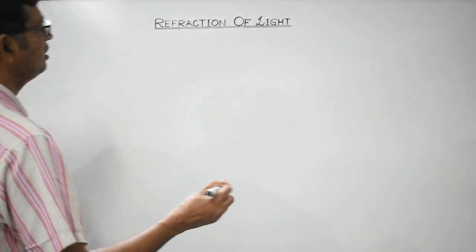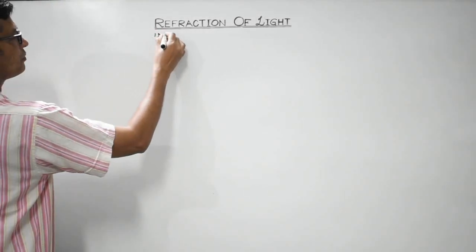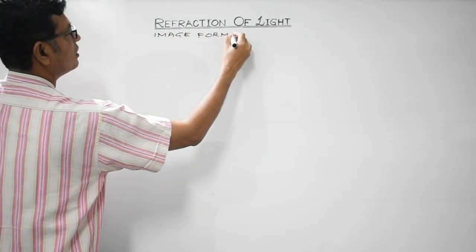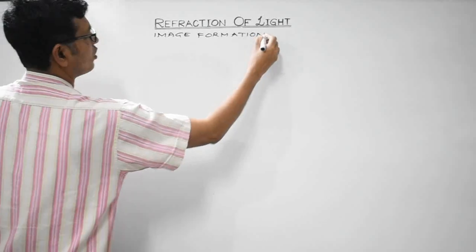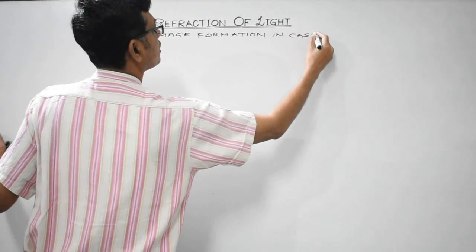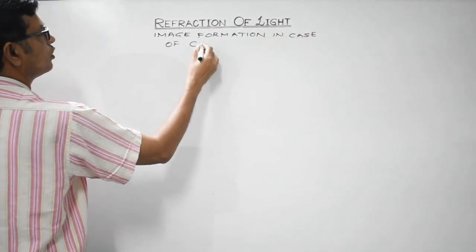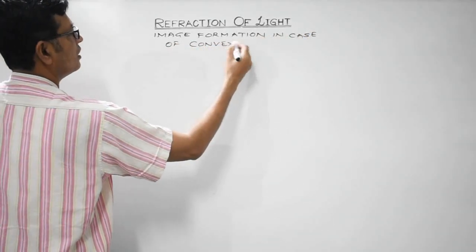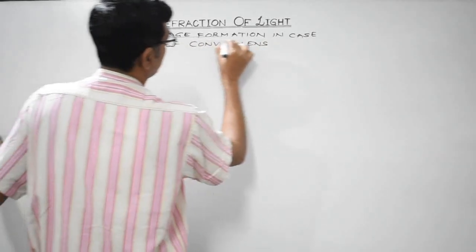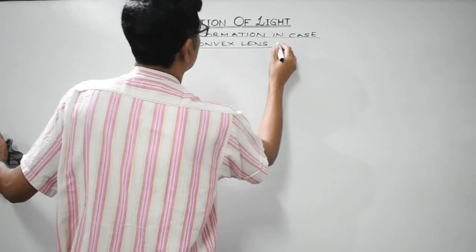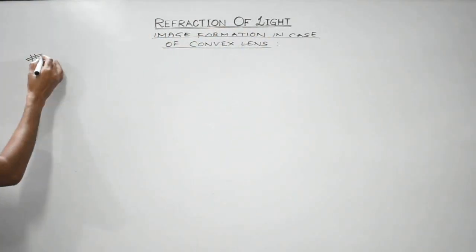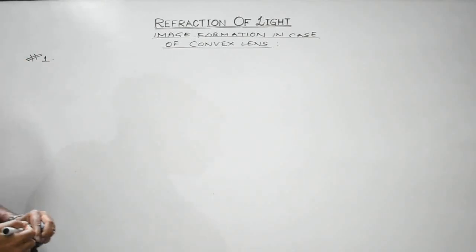So let's start with the image formation, and we will start with convex lens image formation. So there are 6 cases which we will discuss turn by turn. So let's start with the first case. Let's start with case number 1, right?